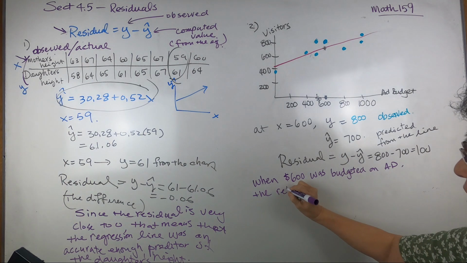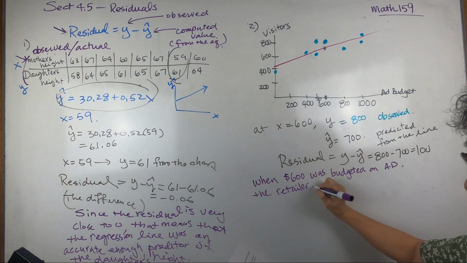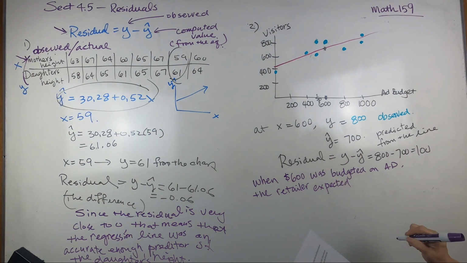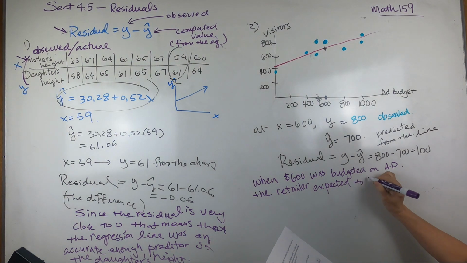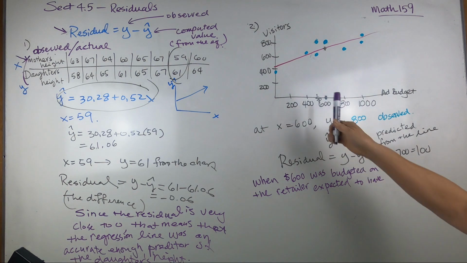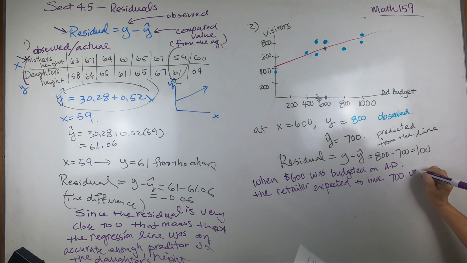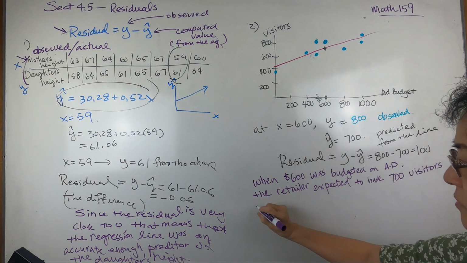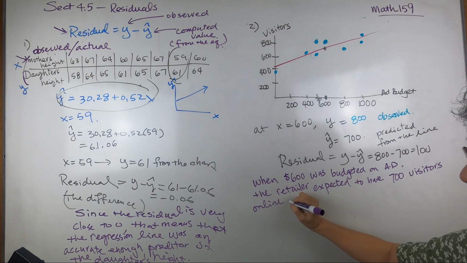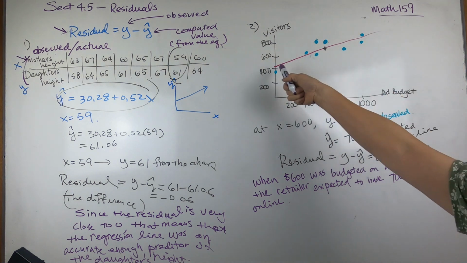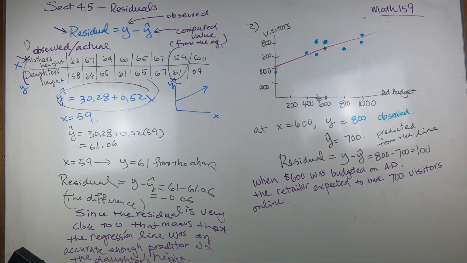The retailer expected to have, according to the line, 700 visitors online, because you spend money and predict according to a certain way you think.